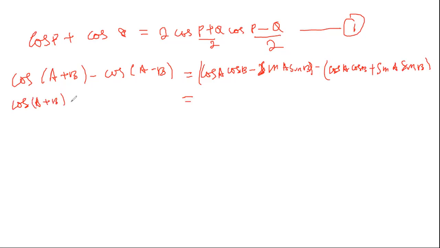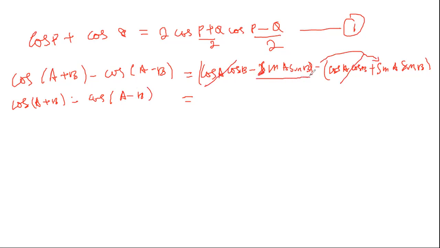Cos will go out, okay? It will go out, yes. So we are saying on opening brackets, this and this will move out. So this negative will affect this, so it becomes also a negative.